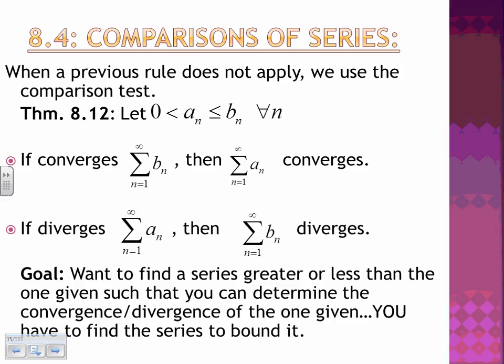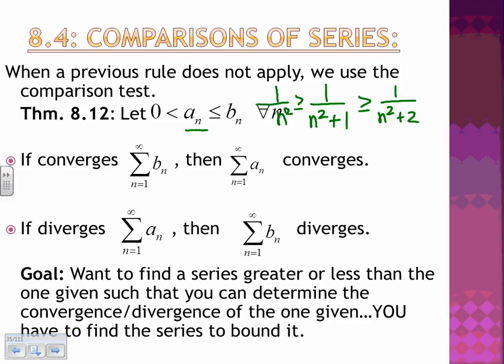So when you have a direct comparison test, let's say that this A sub n is a series that's smaller than B sub n. So think about if I had a B sub n, what's something that's smaller? This one would be smaller, right? It's something that's bigger. 1 over n squared.